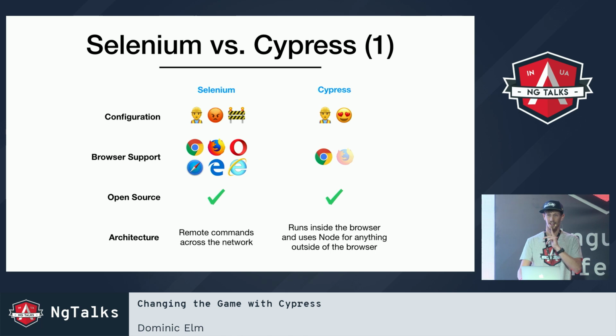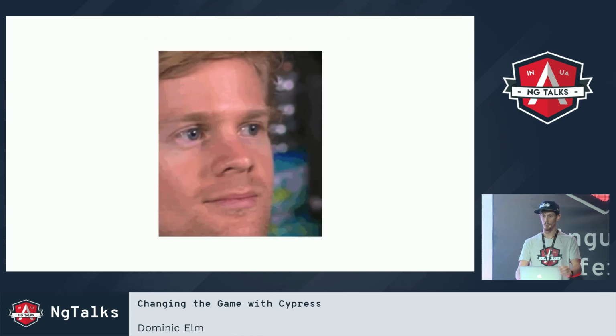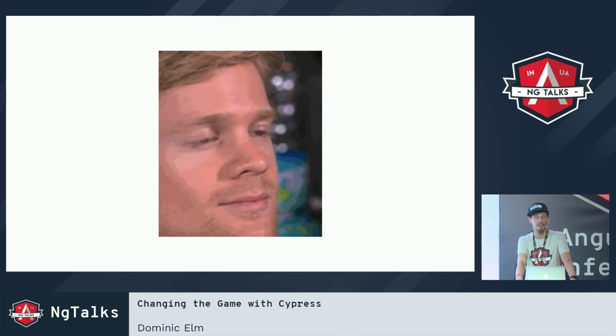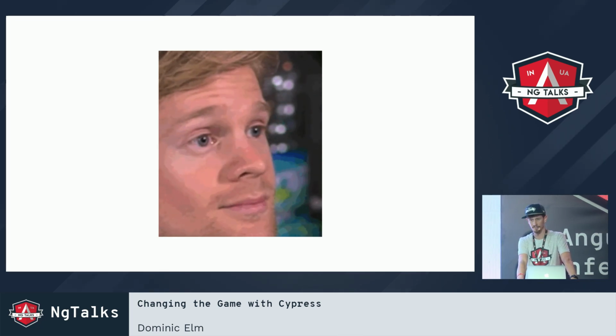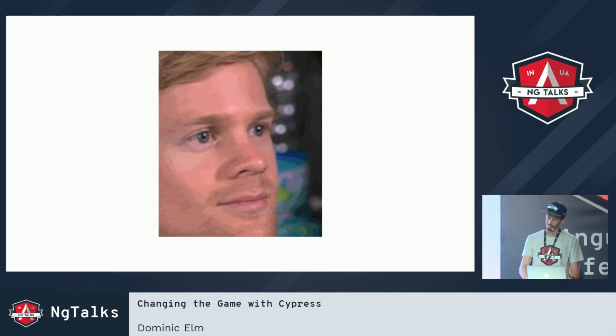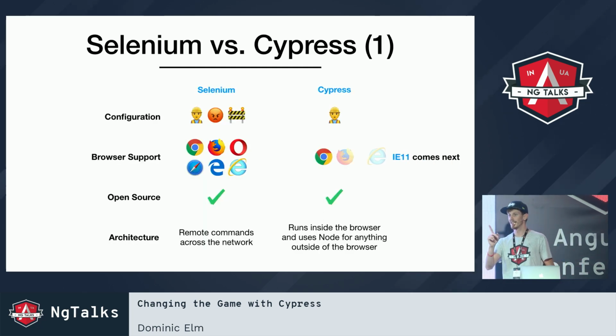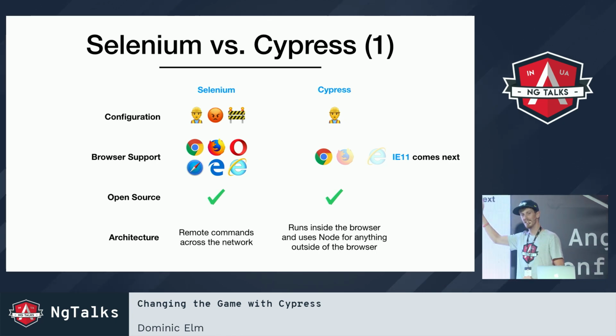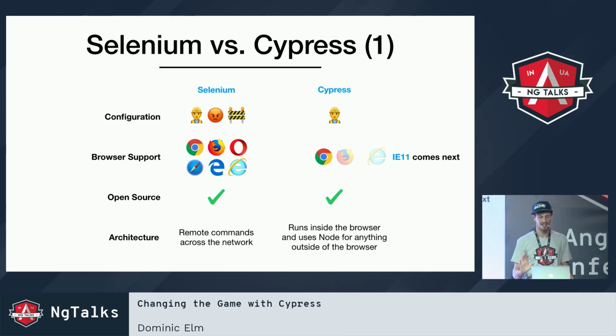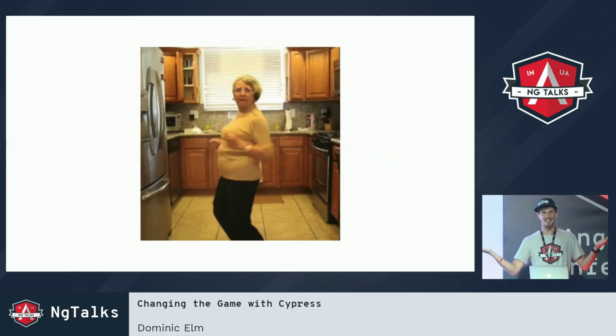Now, but your boss tells you you have to support Internet Explorer. And then you're like, what? Internet Explorer? Yeah, but let me tell you, the plan is to also support Internet Explorer, and it's probably going to come next once Firefox is shipped. That's great, so we can party.